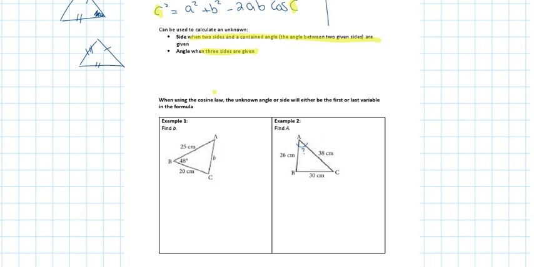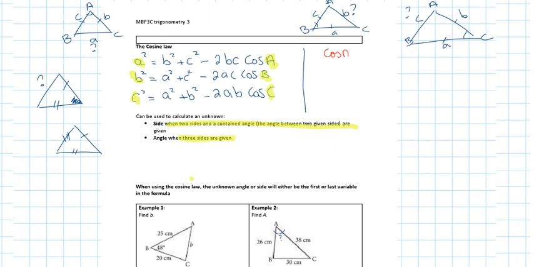So I'm going to go back here. We figured out that the first formula is cosine A equals b squared plus c squared minus a squared over 2bc. What would be the second formula?